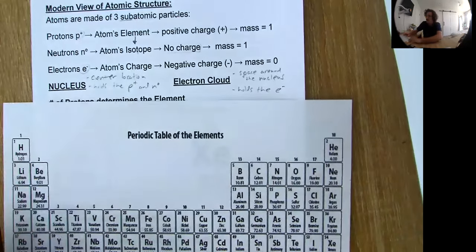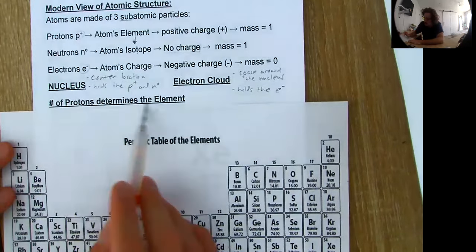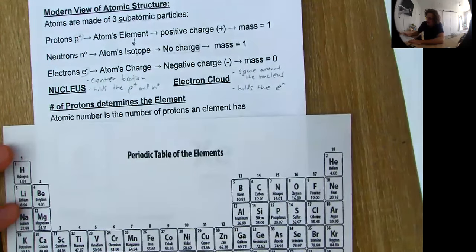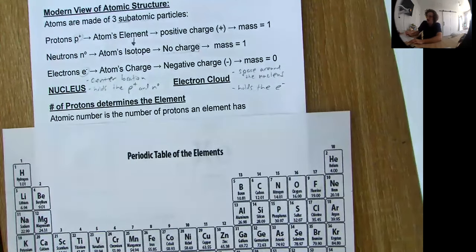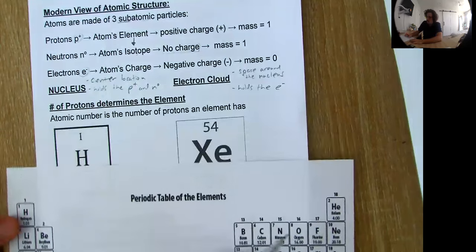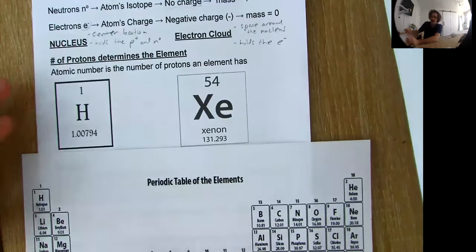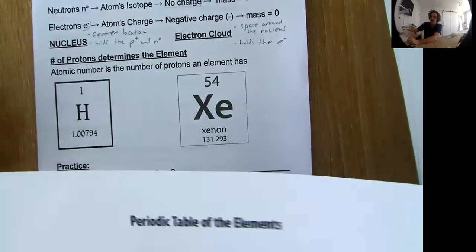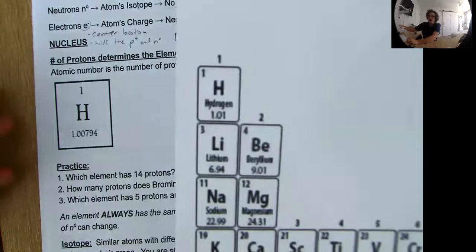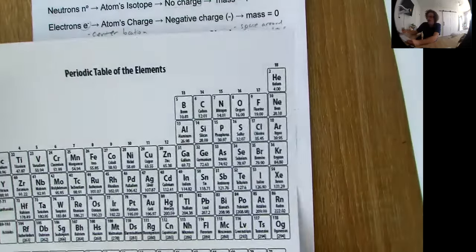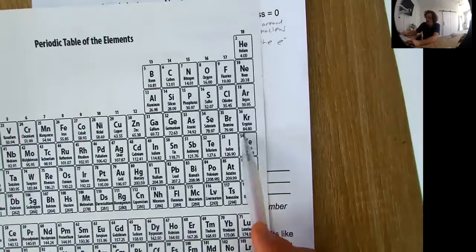Okay, so the number of protons determines the element. We talked about that briefly, but let's get into it. The atomic number is the number of protons an element has. So let's take two examples. These examples are how they look on the periodic table of elements. You see hydrogen there, number 1, and xenon, number 54, way over here.